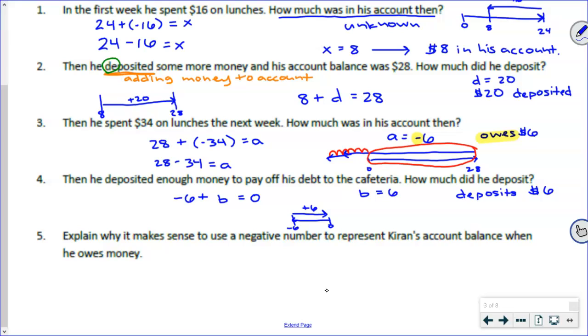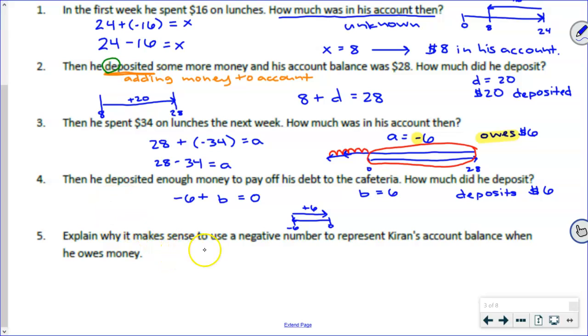Go ahead, Grant. Good. And making that connection to before, when we were using our positive and negative numbers to represent elevation or temperature, negative numbers represented temperatures below 0, or negative numbers represented elevations below sea level.